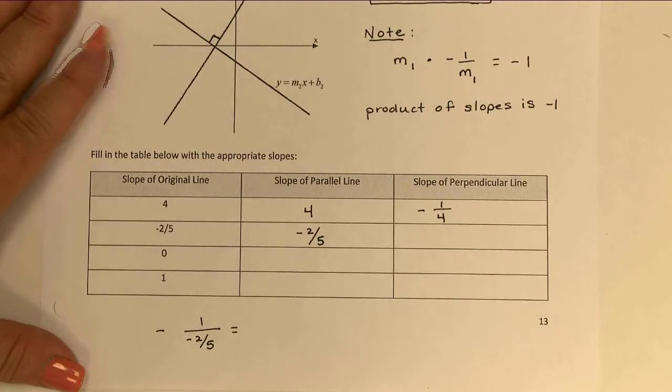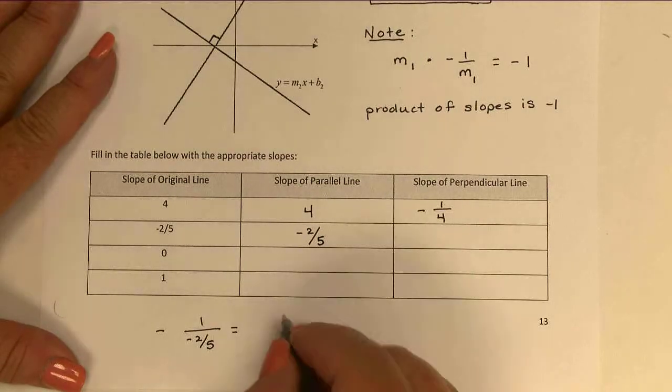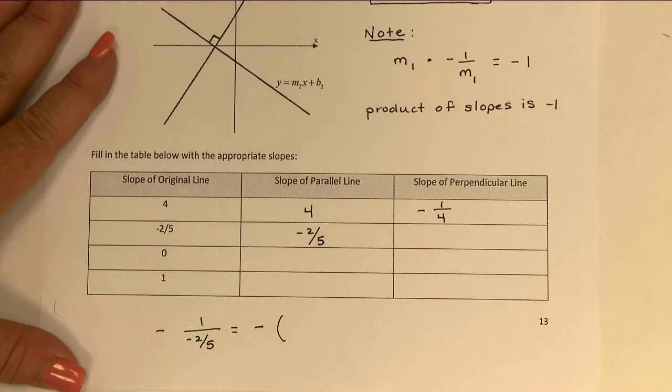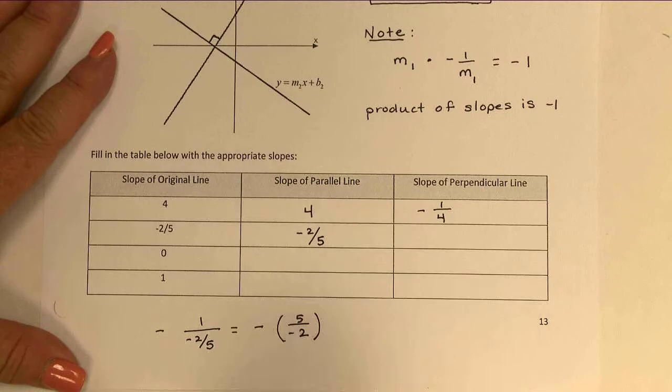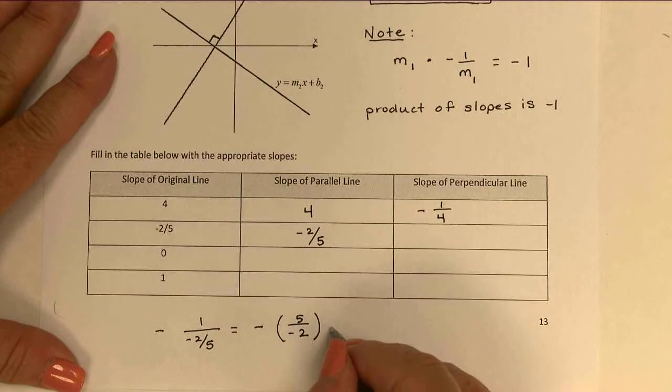But remember that when you divide fractions, you multiply by the reciprocal. So negative, and then I go ahead and say 5 over negative 2. Negative negative makes that positive, 5/2.